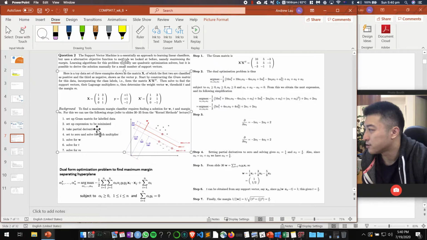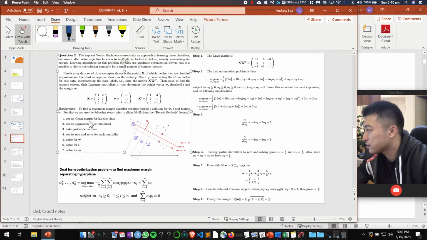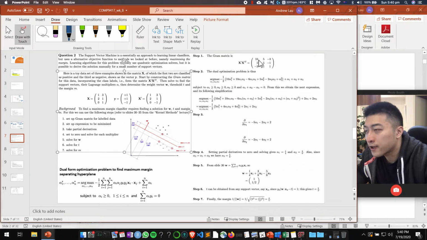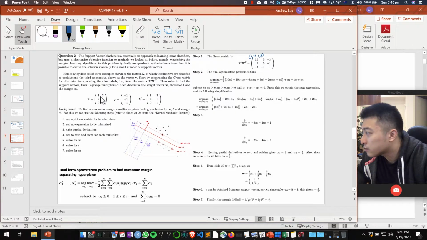The first thing you want to do is set up a gram matrix. You don't really need it, but it makes things easier. The gram matrix basically just tells us the dot product of everything. So for example, over here, this is the dot product of x1 and x1. So there's (1, 3) dot (1, 3), right? So that's x1 and x1.